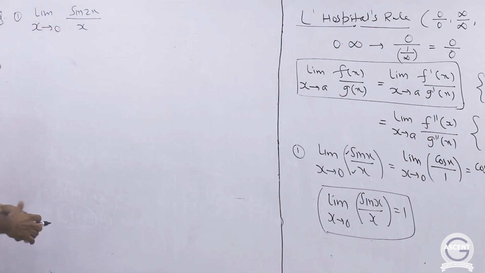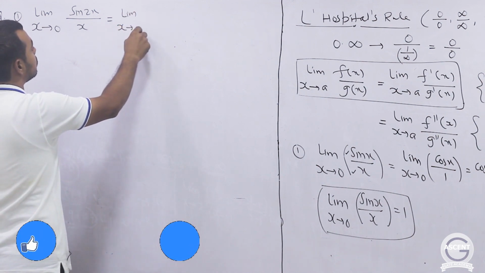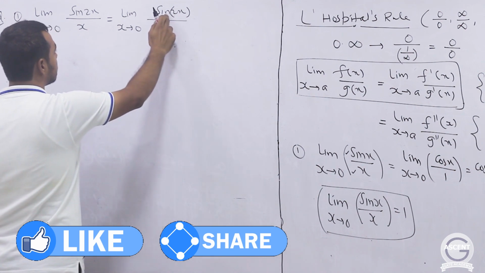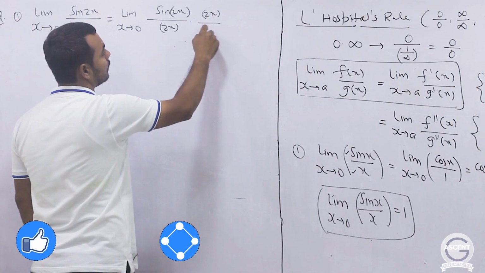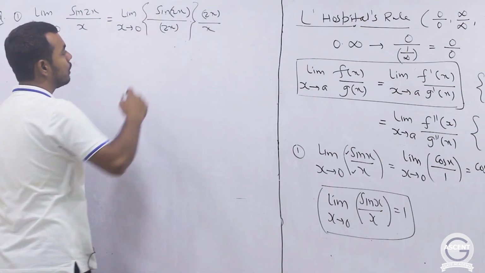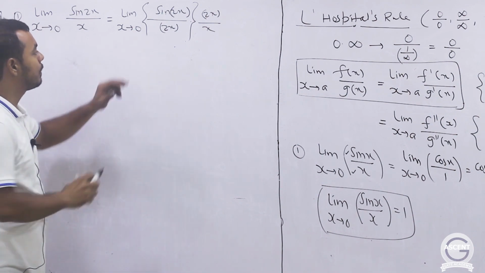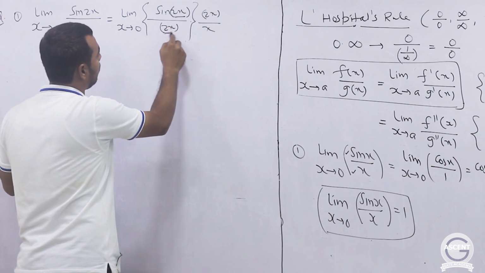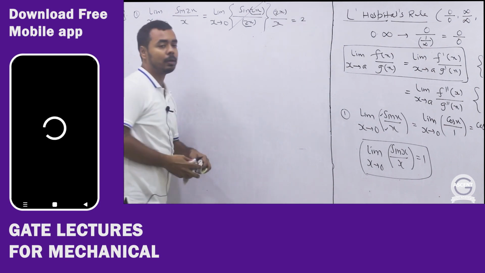Now if you want to use this standard formula, then you can write this as limit x tending to 0, sin 2x; whatever be the argument of this sine, divide by that argument, multiply by that argument, and this divided by x. Now you can see that the quantity inside the bracket will be 1, because when x is approaching 0, 2x is also approaching 0, so sin 2x by 2x gives us 1. x will cancel, and the value of the limit will be 2.